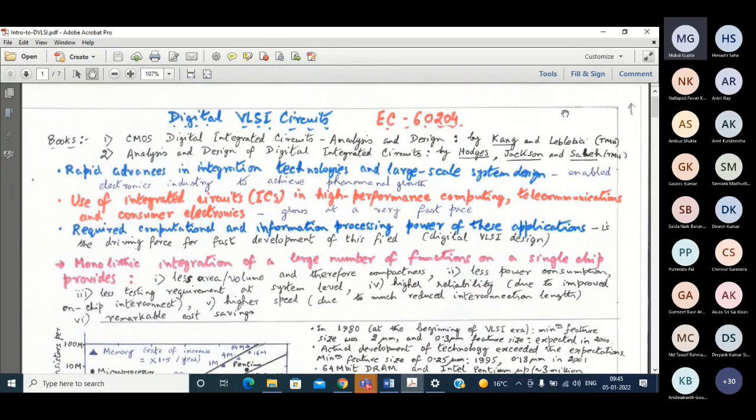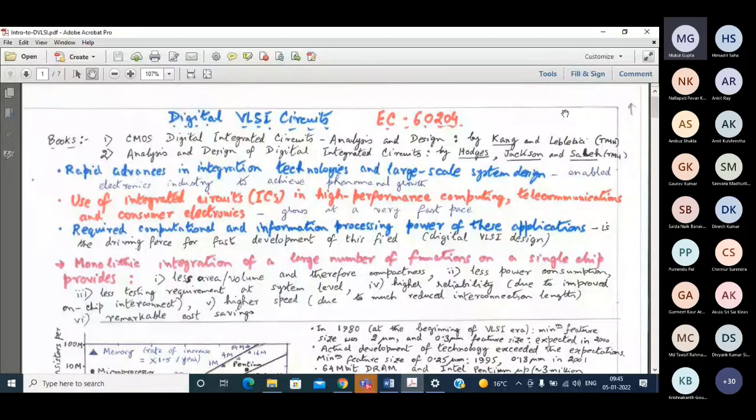It is doable due to the presence of different photolithographic techniques and also integration technologies. So this has enabled the electronics industry to achieve phenomenal growth, and in different domains the progress has taken place.